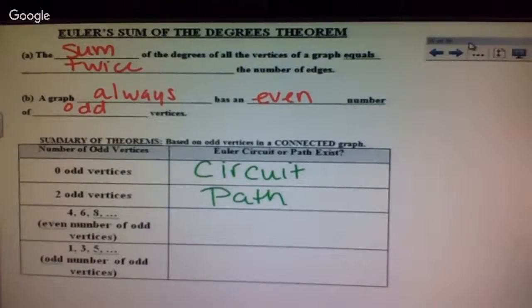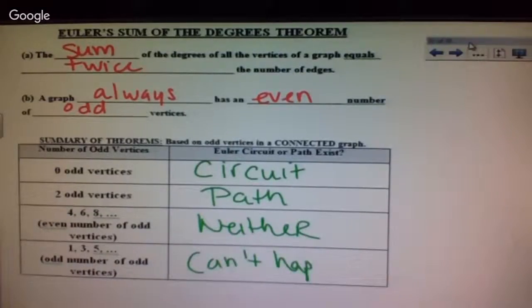If I have an even number of odd vertices, I have neither. If I have an odd number of odd vertices, this just can't happen. I can never have an odd number of odd vertices. It will never, ever happen. They just don't exist.